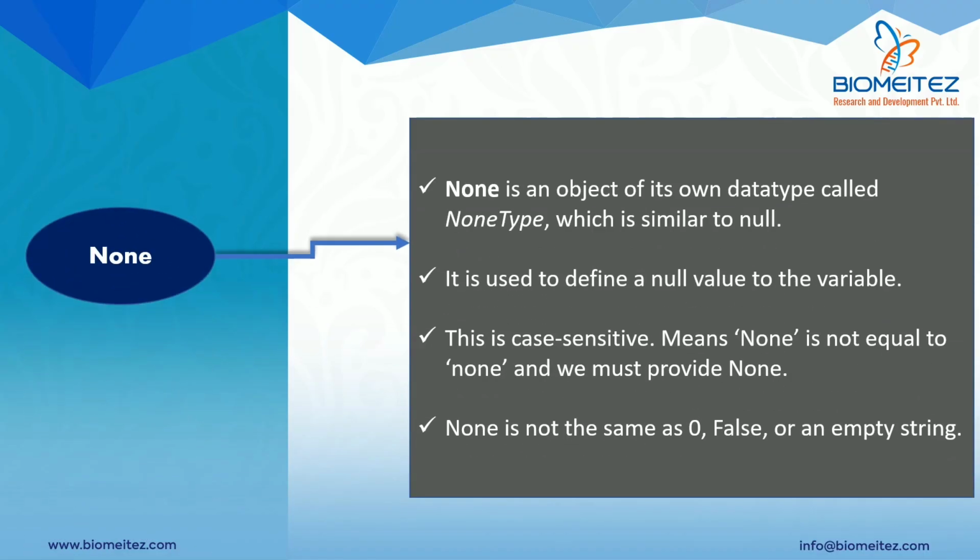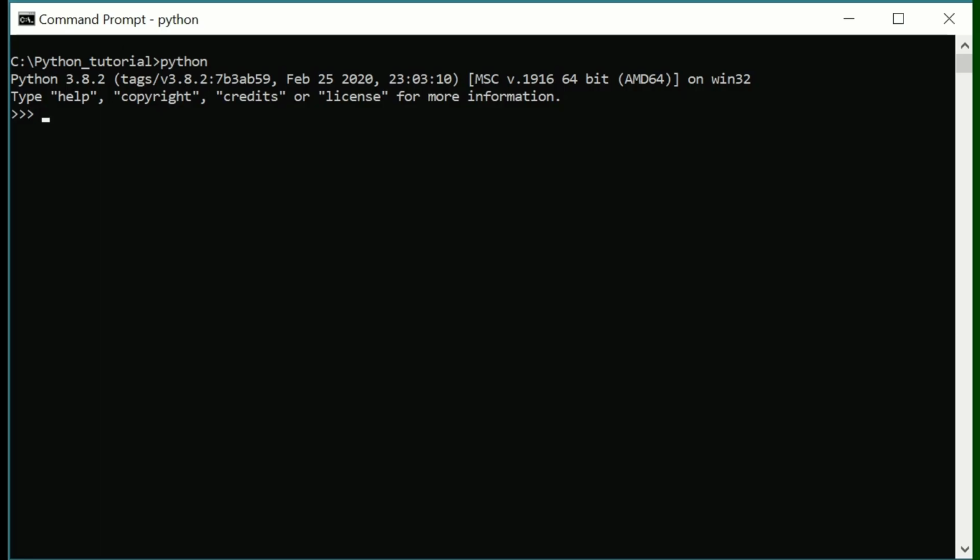The next data type is None. It is an object of its own data type called NoneType, which is similar to null. It is used to define a null value for a variable. This is case sensitive, and None is not the same as 0, False, or an empty string. So now let's assign None to a variable.